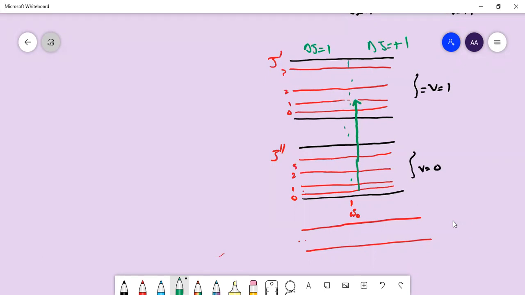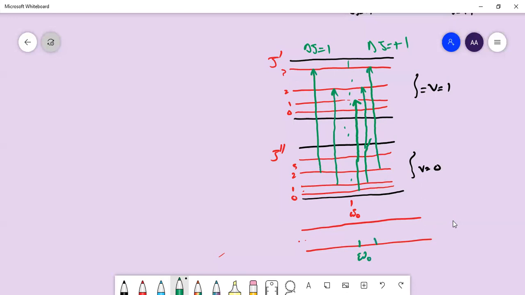And from J is equal to 1 to J is equal to 2, we can draw this, and J is equal to 2 to J is equal to 3. So this kind of spectrum you can get. Again, on this side also, you will get one line from 1 to 2 because delta J is -1, and from 2 to 3. And this change in the value of delta J should be either +1 or -1.